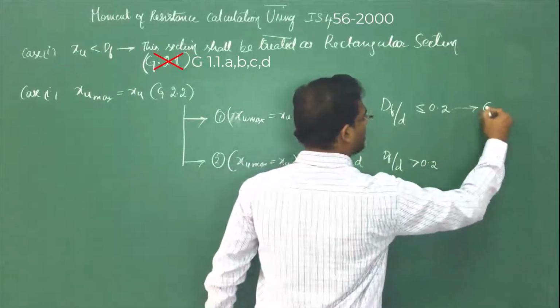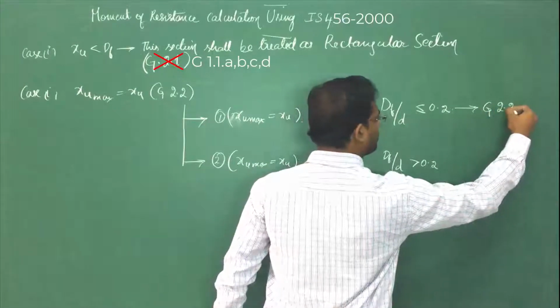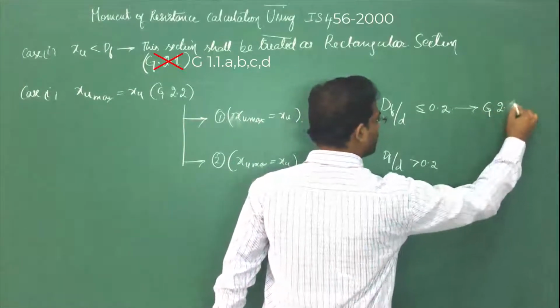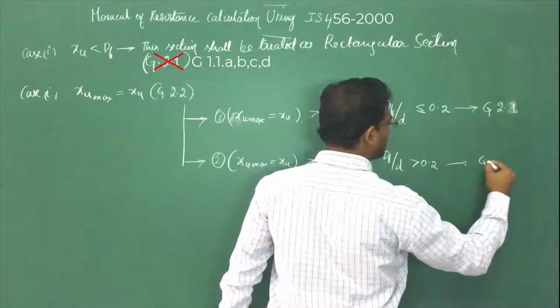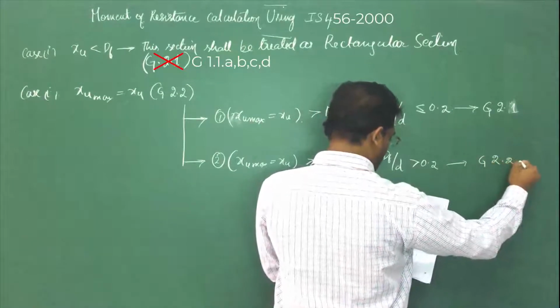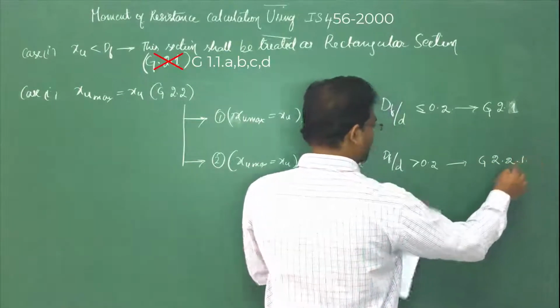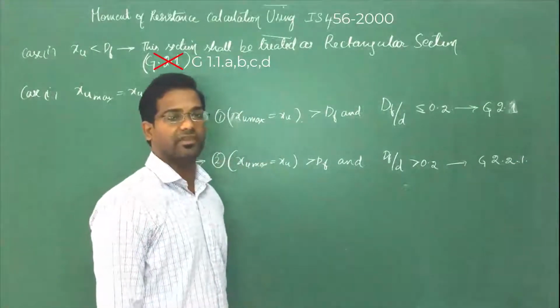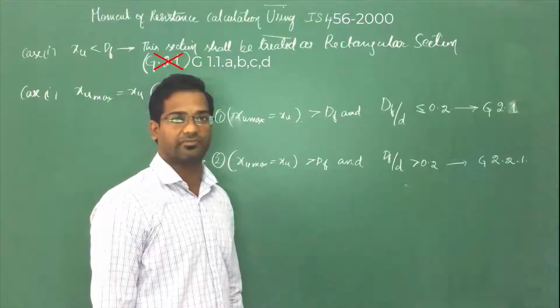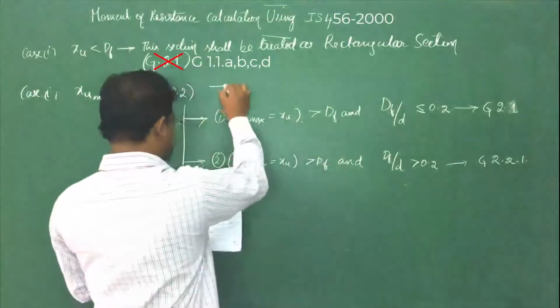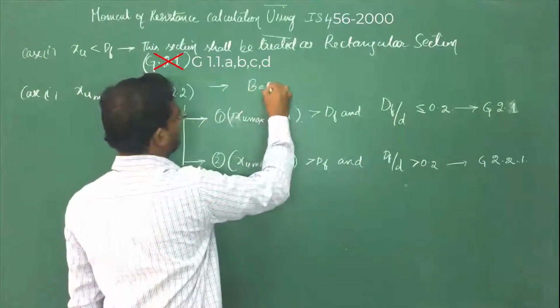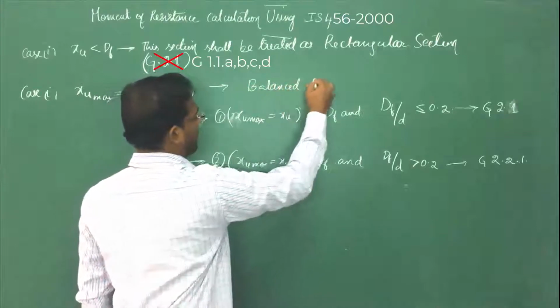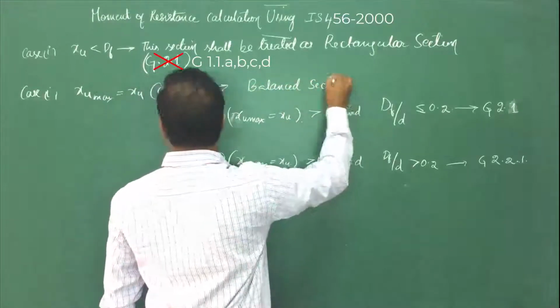This is given in clause number 2.1, and this is given in clause number 2.2, where in 2.2.1 you need to substitute Yf instead of Df. This section refers to a balanced section.